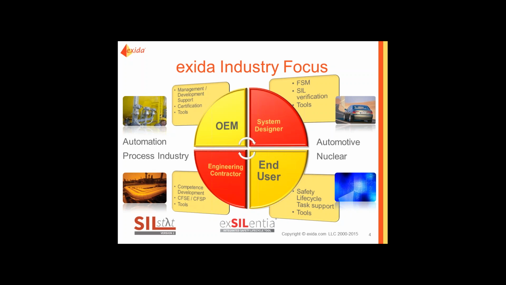For the end users, we can provide full safety lifecycle task support. We can help with proof tests. We can help with their functional safety management again, and any tasks that they have requiring safety or cybersecurity or alarm management. And then from the engineering contractor's point of view, we can help with competency development.